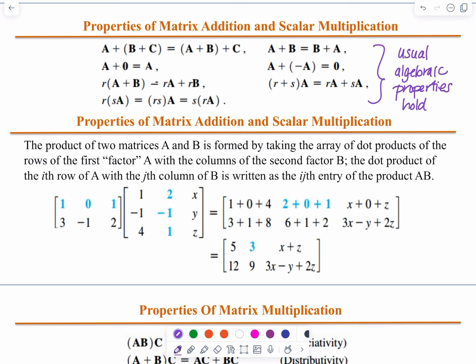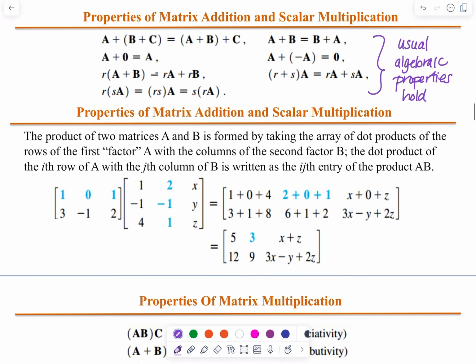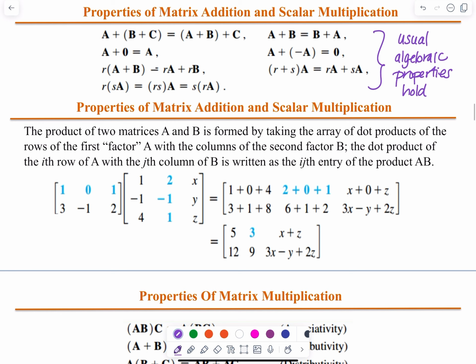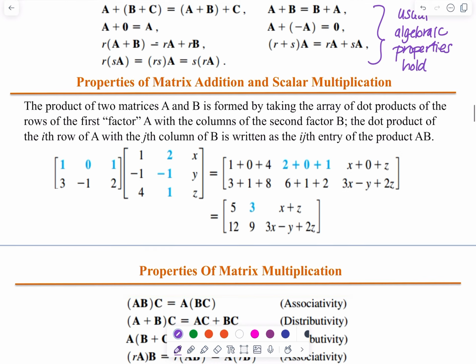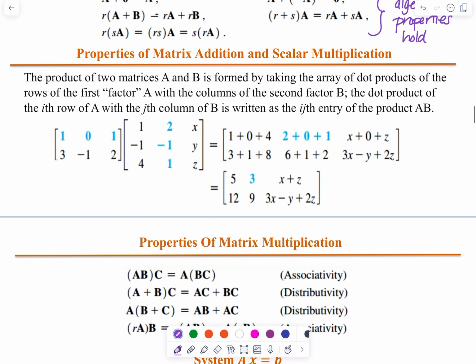Basically, they're just pretty straightforward. Now let's talk about matrix multiplication.